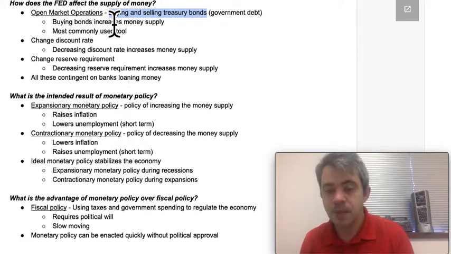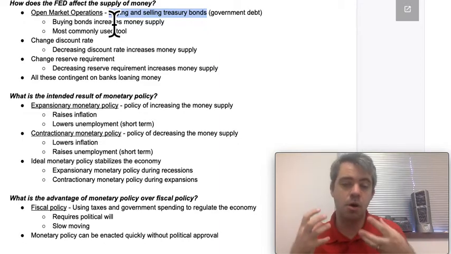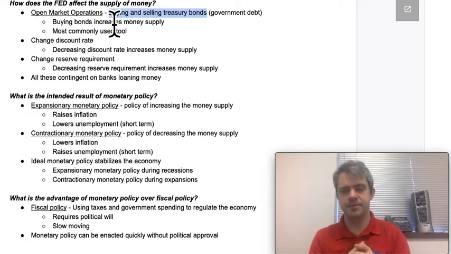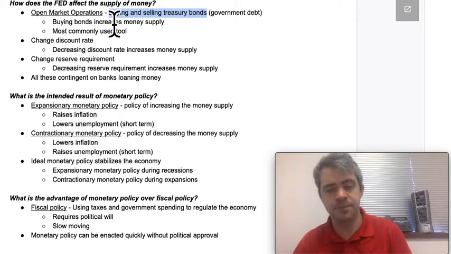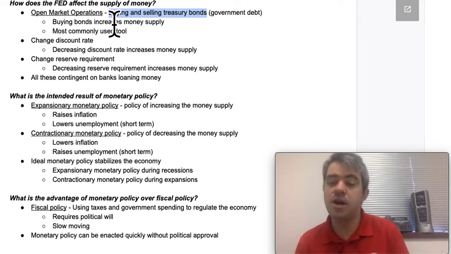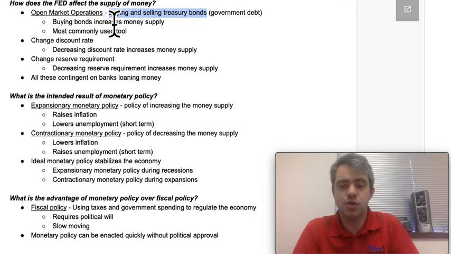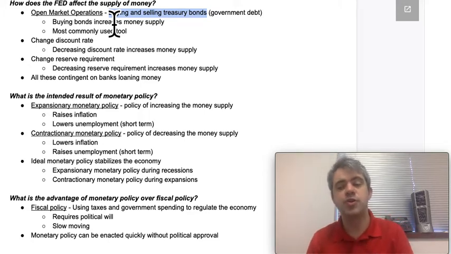Now, let's say that you're a bank and you're holding these treasury bonds, and the Fed comes in and buys these bonds from you. Now, if they buy these bonds, then all of a sudden you have this cash. And you have all this cash that you can now loan out if you want. So it increases the money supply.